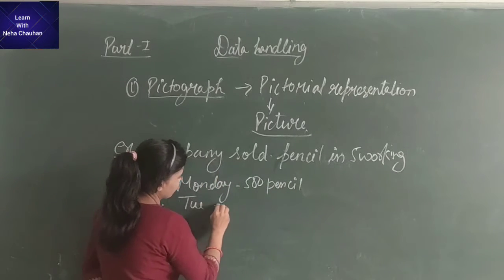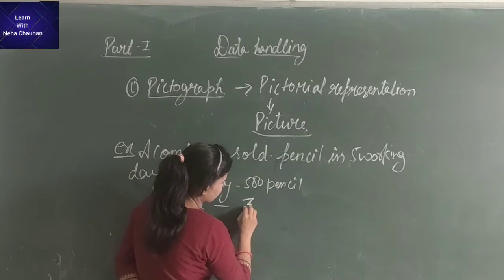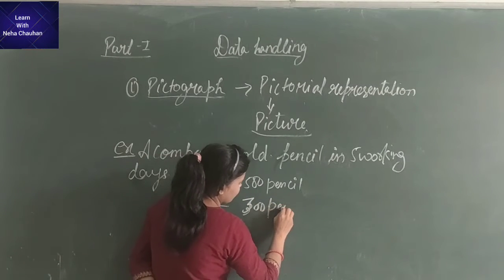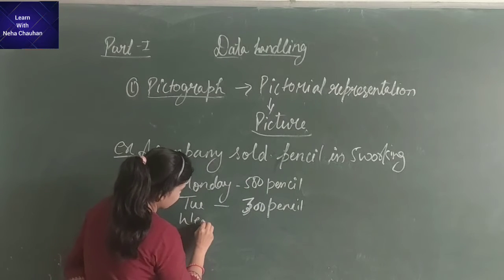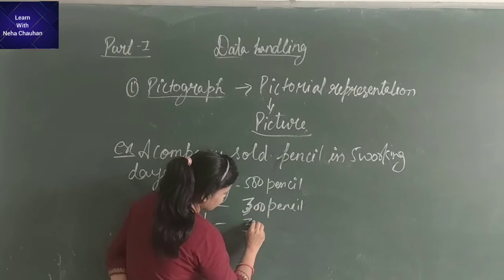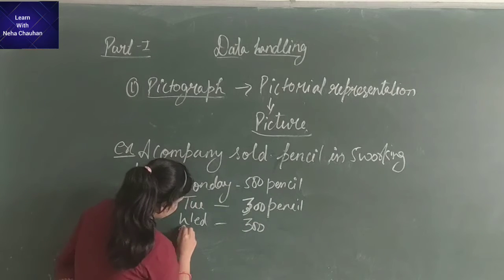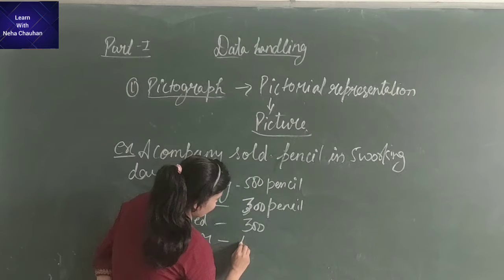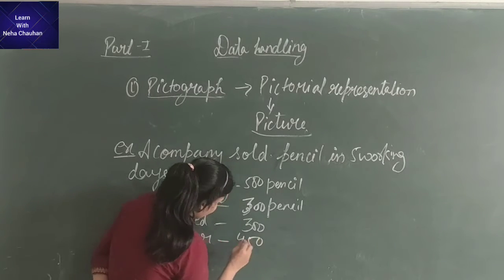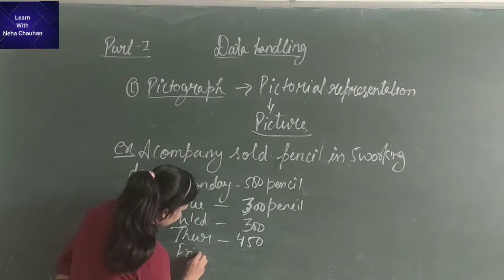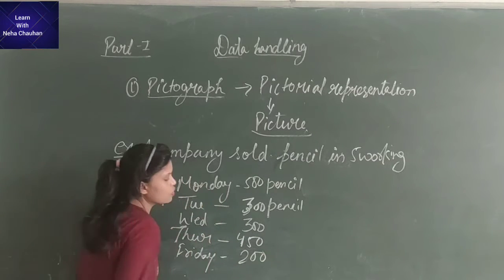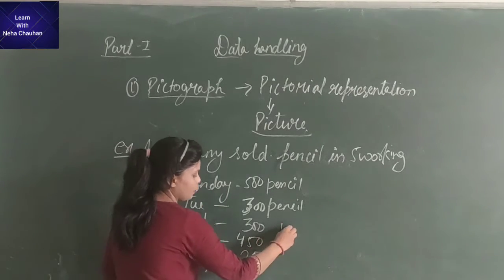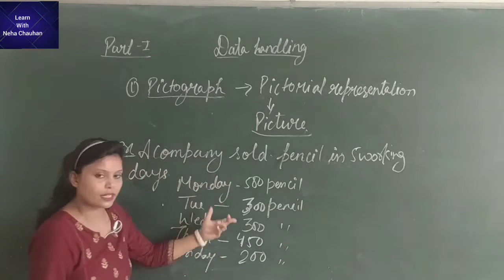Tuesday 300, and on Wednesday 300, Thursday 450, and on Friday it sold 200 pencils. Alright, so this is the data given.